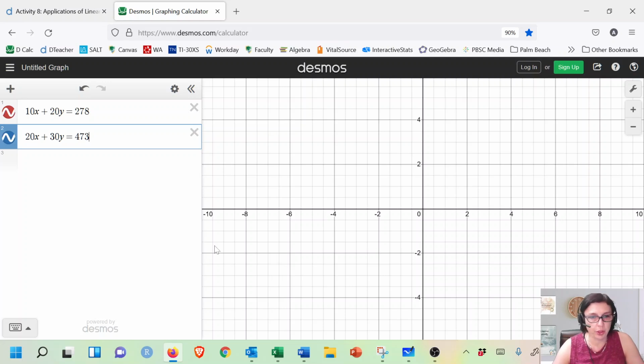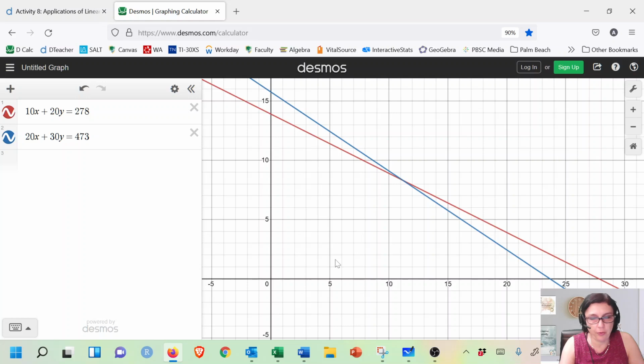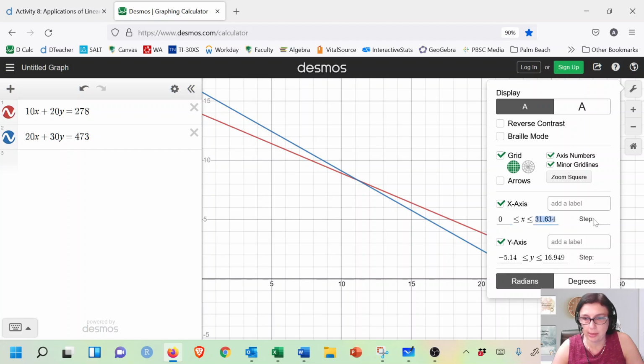Well, first of all, you got to understand that x and y here are going to be positive numbers. So you can move this with your fingers, especially if you have a touch screen. If you don't, then I'm sure you can use the arrows, and you can also just use the tool where you can focus on the x-axis and say, okay, I think the answer is going to be anywhere between 0 and let's say 50 or something.